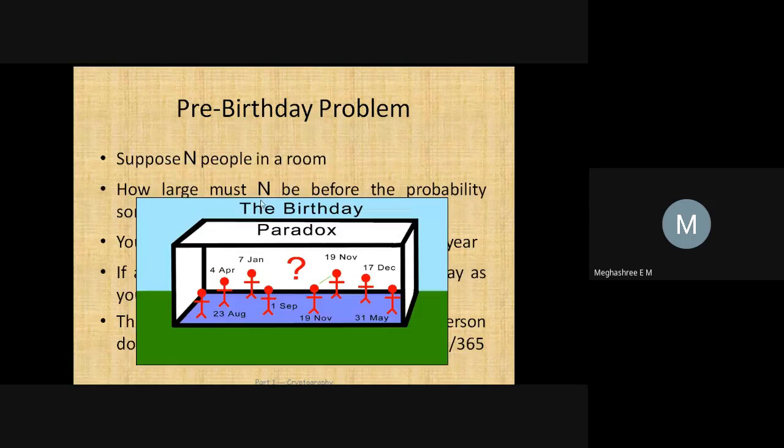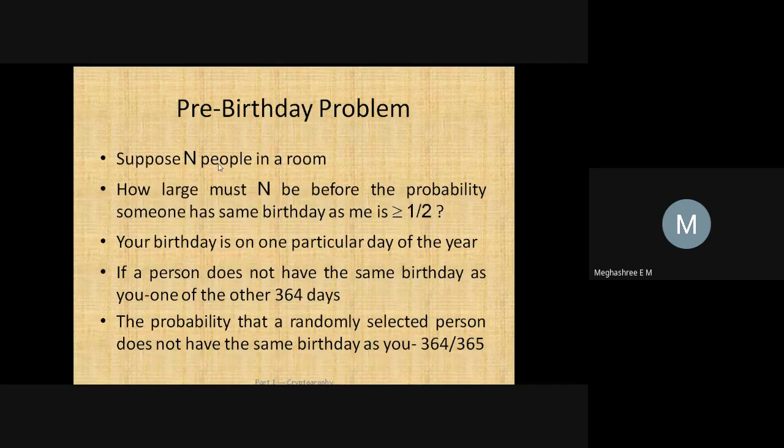The first one is: there are n people, and I need to find the probability that someone has the same birthday as me, and it should be greater than or equal to 1 divided by 2. Obviously, my birthday will fall on one particular day of the year, which is 365 divided by 365 probability.